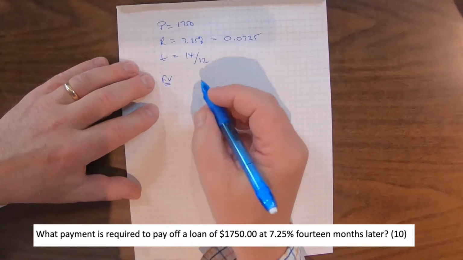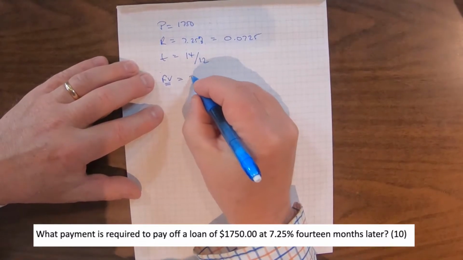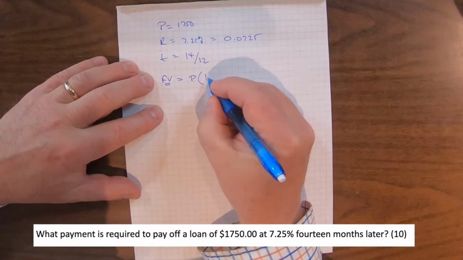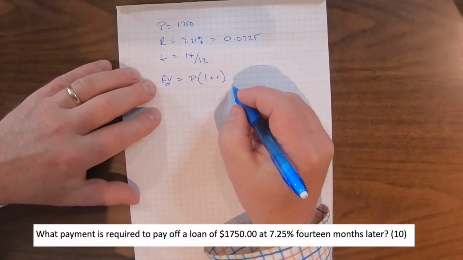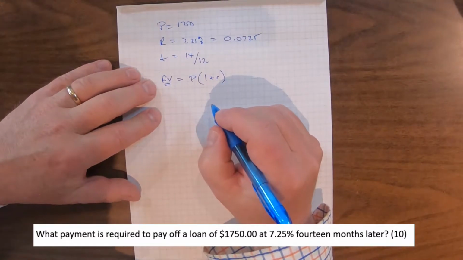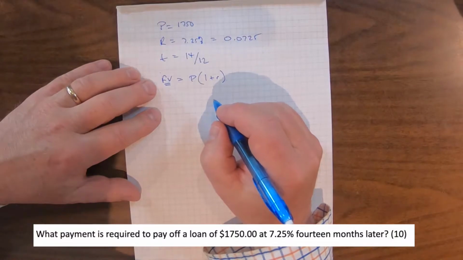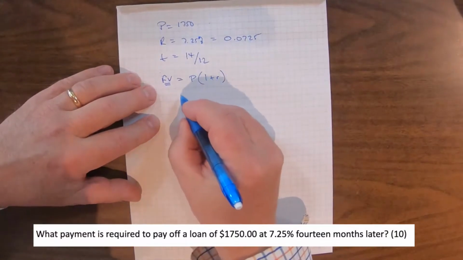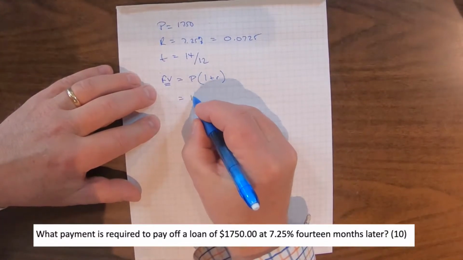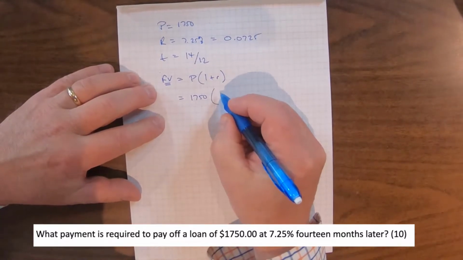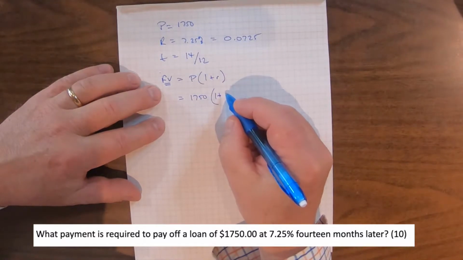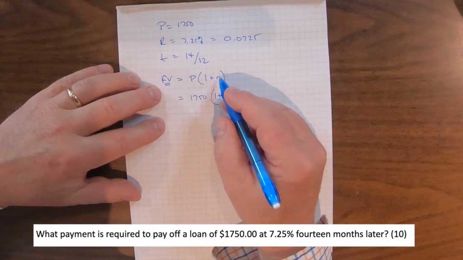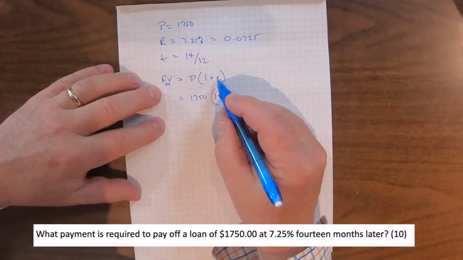So when we think of future value, the formula for future value is P times 1 plus RT. Okay, and so we can do that straightforward here by plugging the numbers in. The principal is 1750 times 1 plus the R, in this case the rate is 14 over 12.